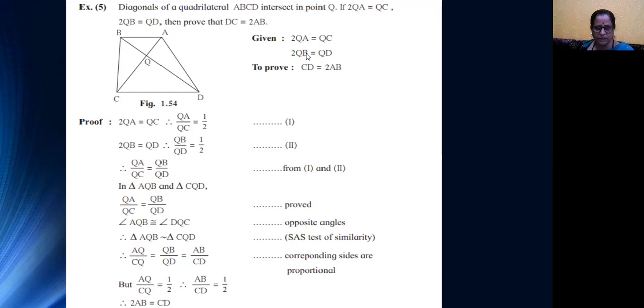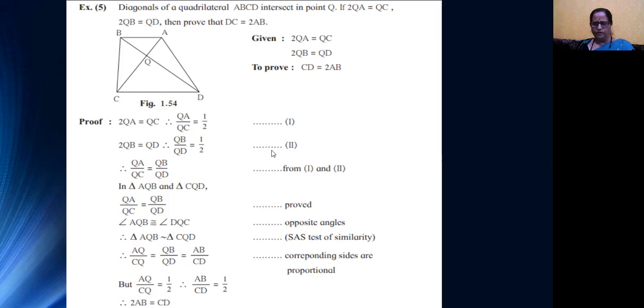And in the next, also taking as it is, 2QB is equal to QD. Therefore, QB divided by QD is equal to 1 by 2. This and this value are equal. So therefore, QA divided by QC is equal to QB divided by QD.